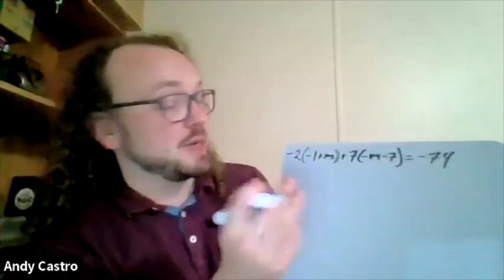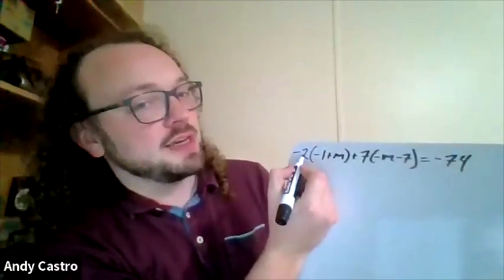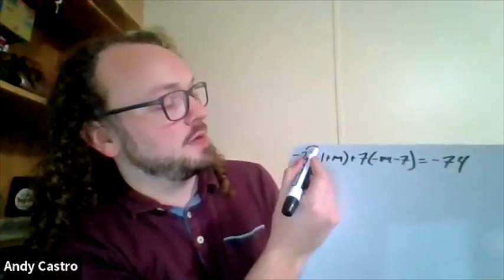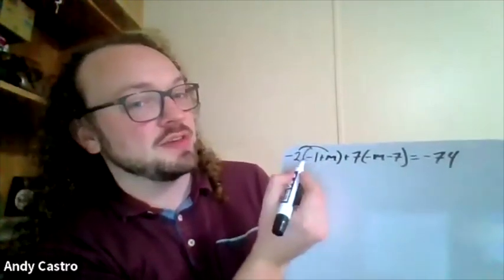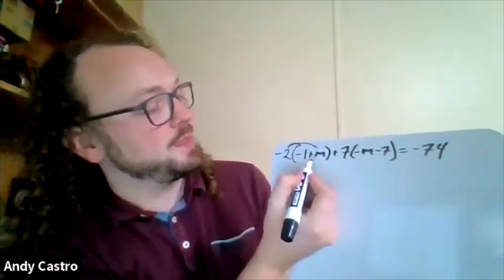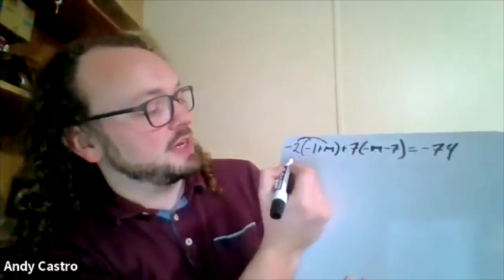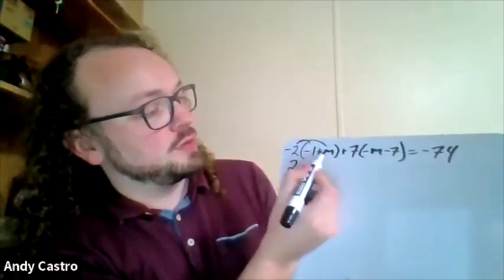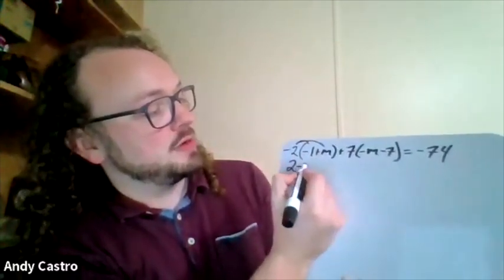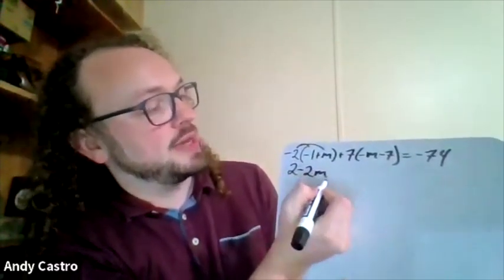We're just going to take it piece by piece. First thing I'm going to do is take this negative 2 and distribute it by multiplying it by each of these terms inside the parentheses. So negative 2 times negative 1, two negatives make a positive. Negative 2 times m, negative 2m.